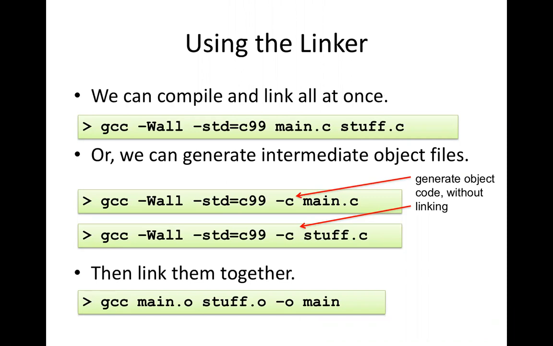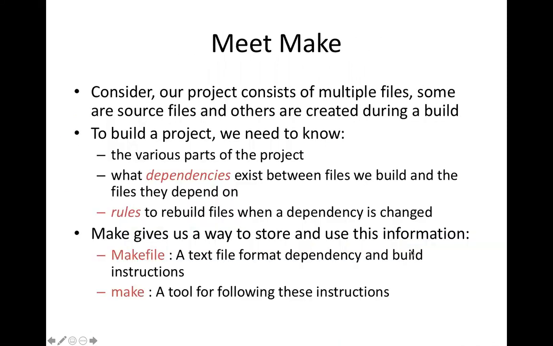The reason that would be more efficient is if you started making changes in that program, you would only have to compile the files that changed and then link them all together. But if you had a project that had dozens or hundreds of files in it, this could require a lot of typing. So it is handy that we have tools that do build automation for us.